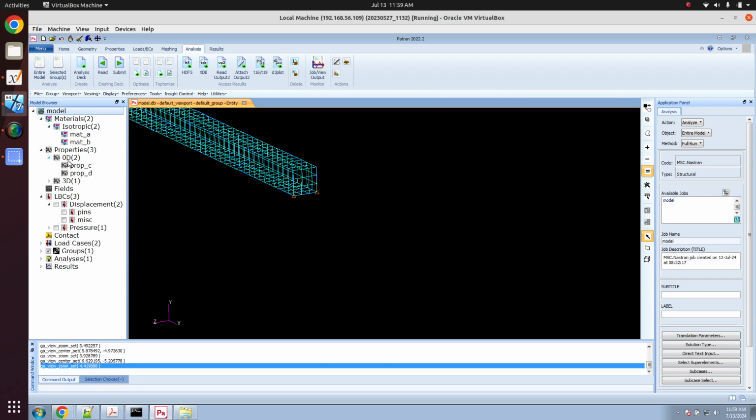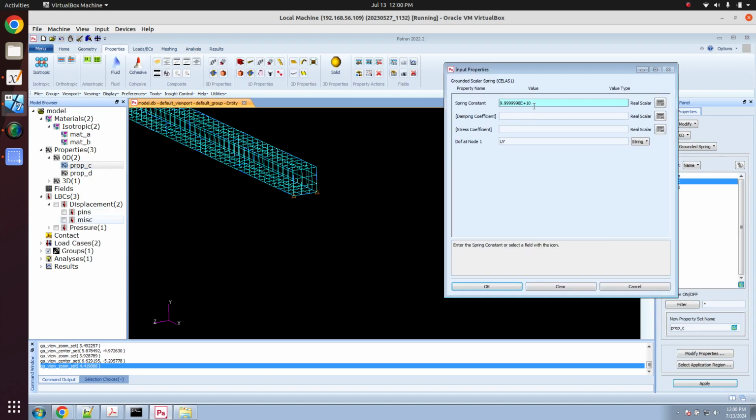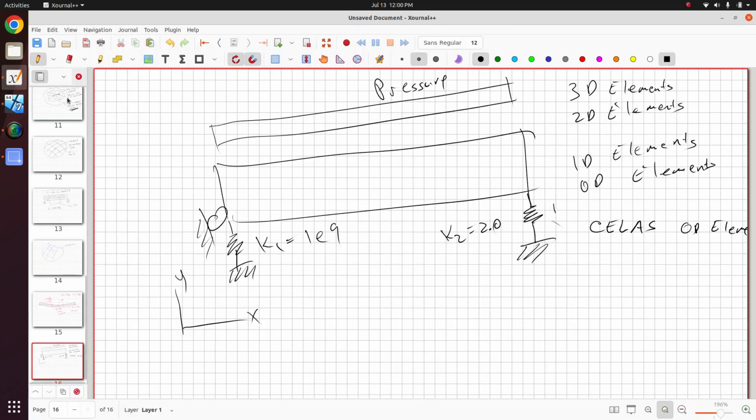If we go to the 0D branch and look at the stiffness, one of the stiffnesses is about 9 or 10 E10. So here the first stiffness is 10 E10.